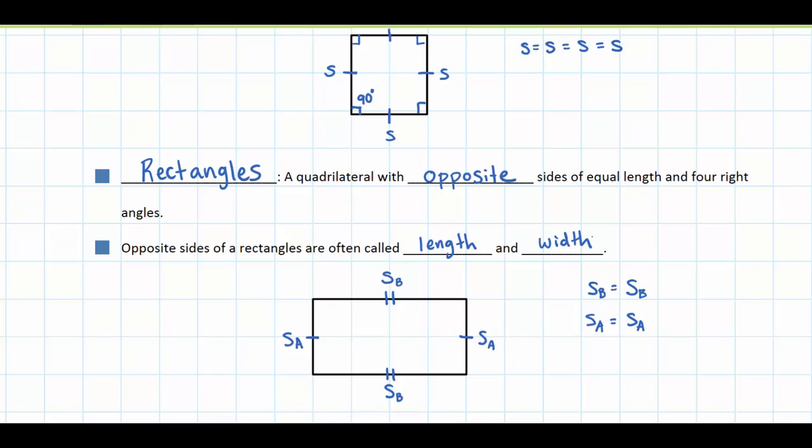It doesn't matter which one you call the length and which one you call the width, as long as you define each.